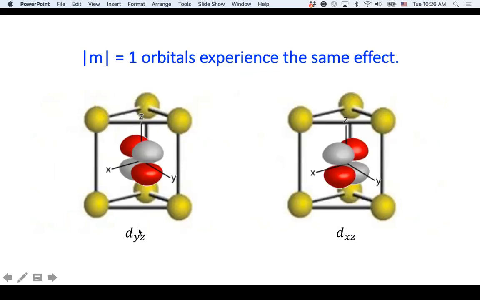However, if you compare dyz and dxz, their linear combination will give you m plus 1 or minus 1. But you look at these two, they will have the same effect because the orientation of these two are just rotated by 90 degrees.